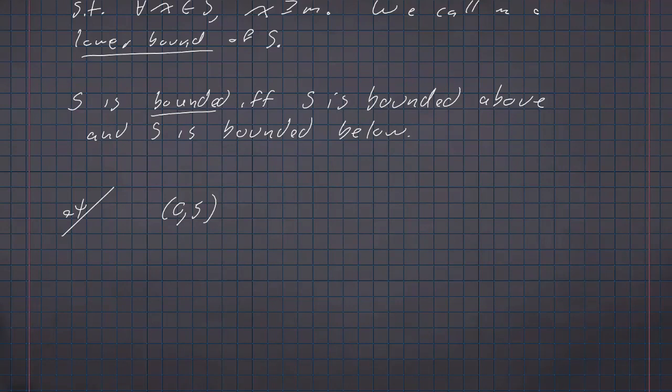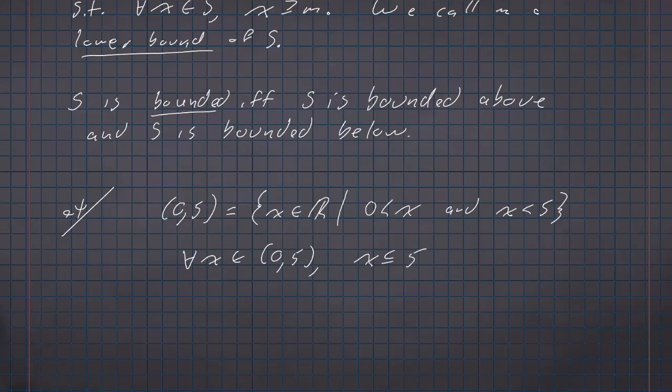From the definition, remember the interval from 0 to 5 is the set of all real numbers x such that 0 is less than x and x is less than 5. So clearly from this definition, for all x in (0, 5), x is less than or equal to 5.